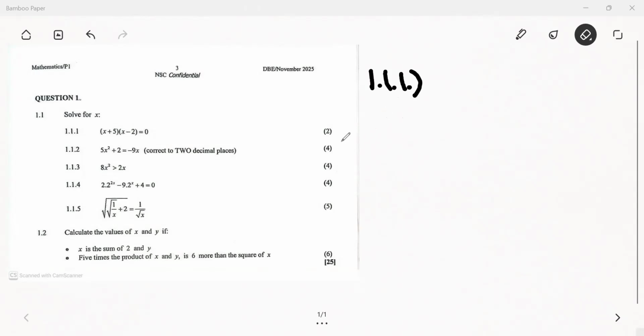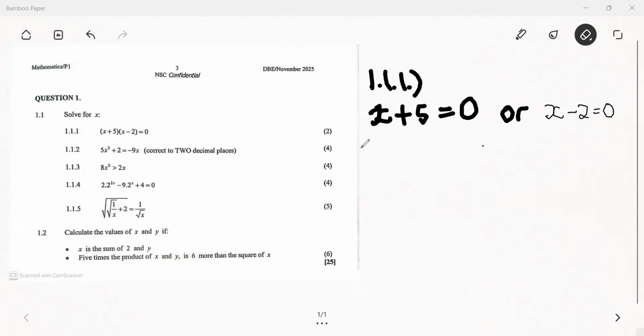Okay, so with the first one, since it's two brackets multiplied equal to 0, to solve this, literally you set each bracket equal to 0 and then you solve. So x + 5 = 0, or x - 2 = 0.